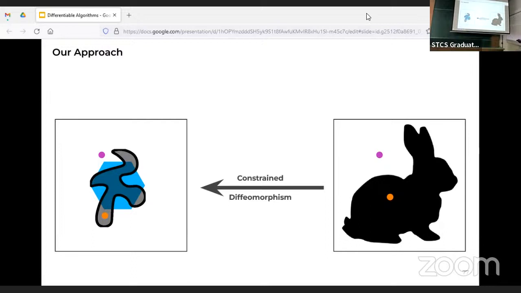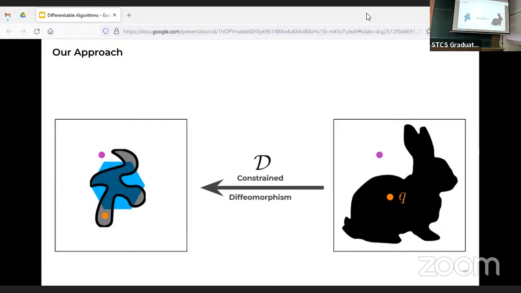So you can easily compute the occupancy as in the previous method, a soft value between 0 and 1, and we can apply a classification loss. So we can sample lots of points, some with label 1, some with label 0. We apply the diffeomorphism, and after mapping we compute the distances. If there is a mismatch, we penalize that. And it would try to learn a deformation of the hexagon so that it becomes a rabbit.